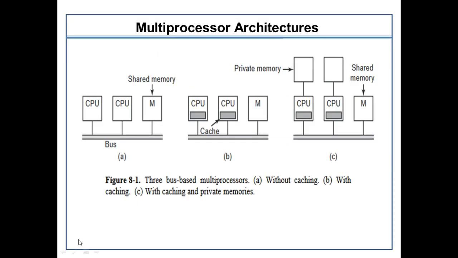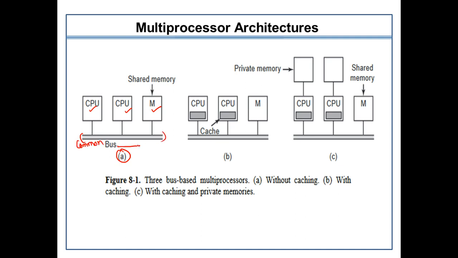So here is the very first slide being presented in front of you. You can see that there are three broad categories in which the multiprocessor systems are defined. Let's look first at category A, which consists of all the processors and even the shared memory system together, and they all share a common bus.